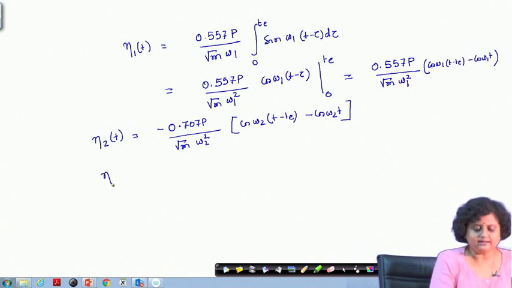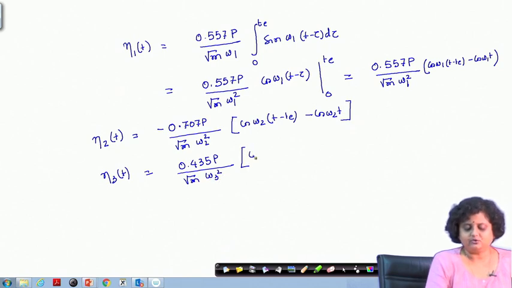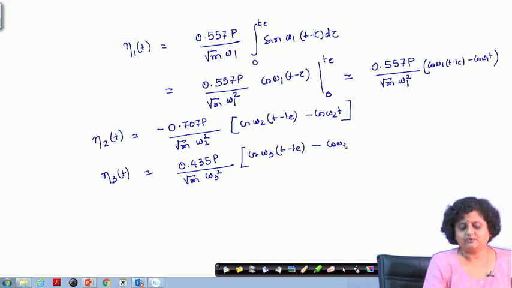And similarly, eta 3 t is going to be 0.435 p by root over m omega 3 square into cos omega 3 (t minus t e) minus cos omega 3 t. So, these are the solutions for the generalized coordinates.